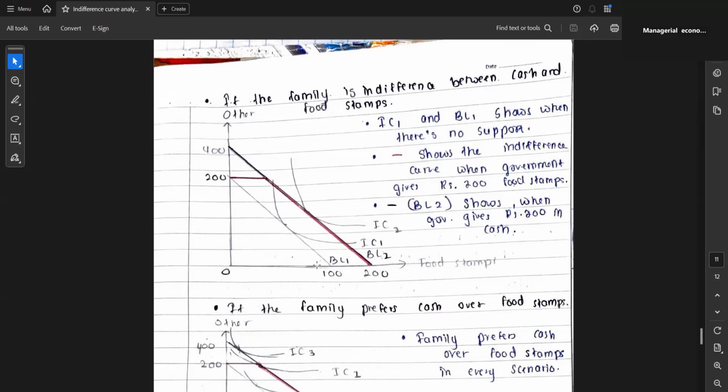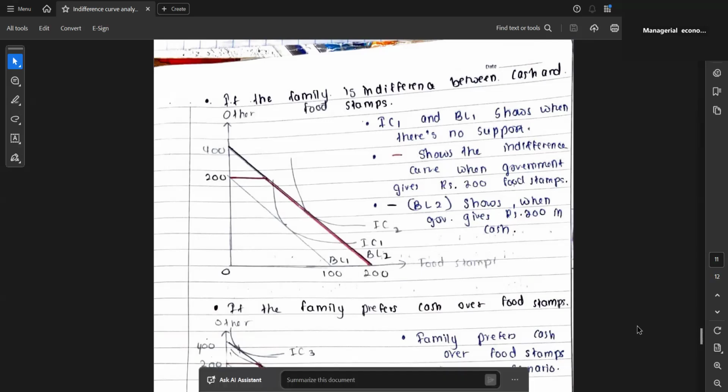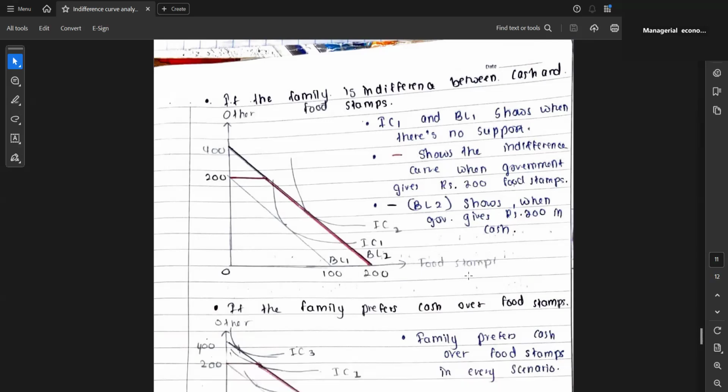In the first scenario, first we are going to see the same three policies, when the consumer is indifferent between both of these products. And next we are going to see what happens when the consumer prefers one good over another.